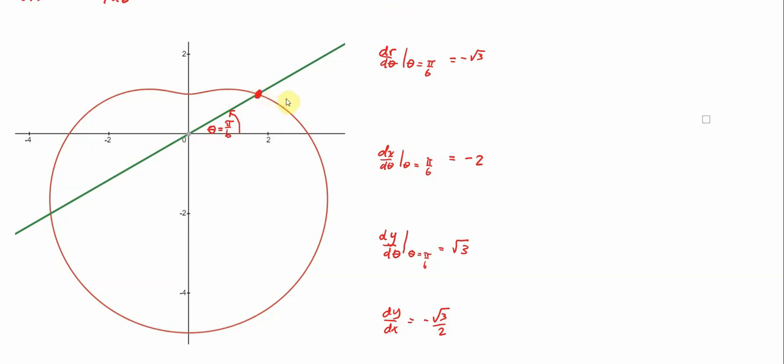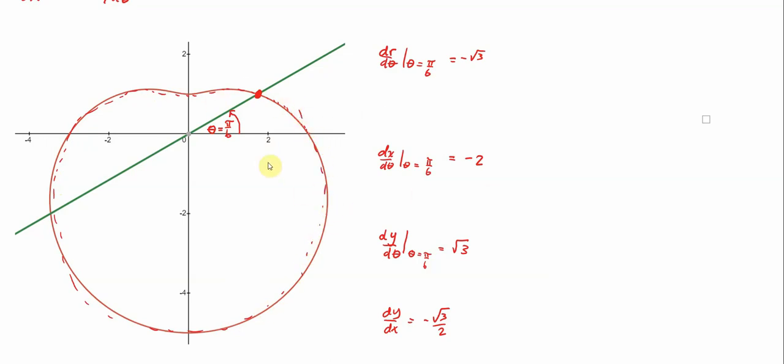You can think of it as a particle. We'll get to the particle in the next lesson, but you can imagine there's an object moving along this red path, and as it moves along, it traces out this apple shape.